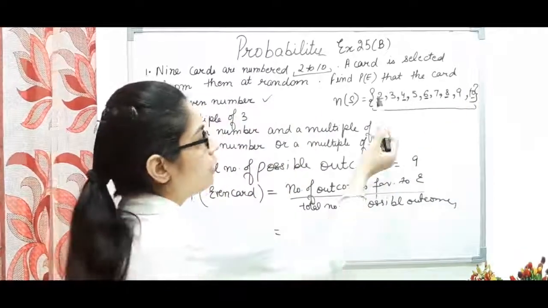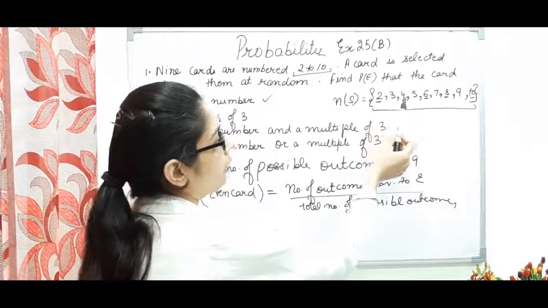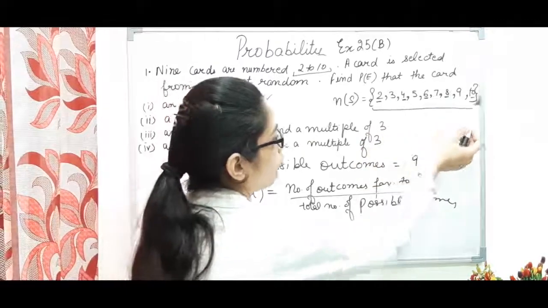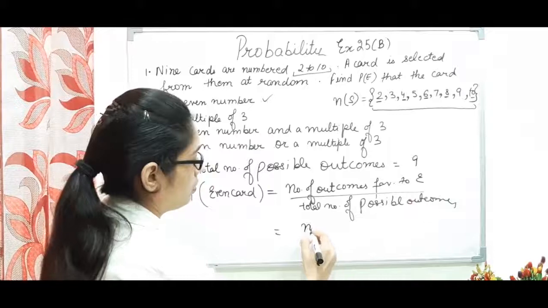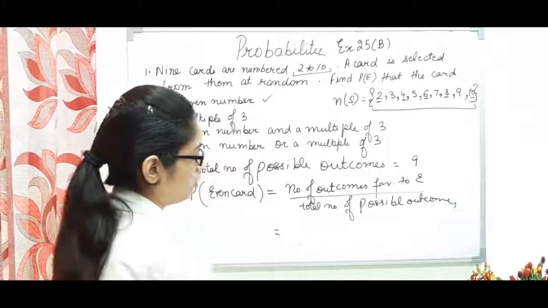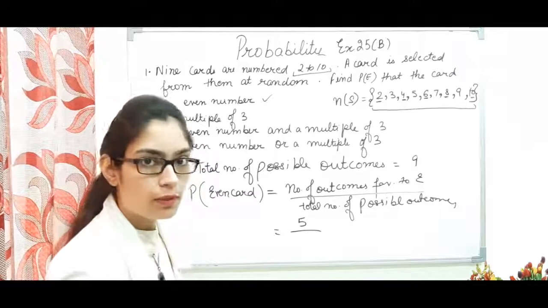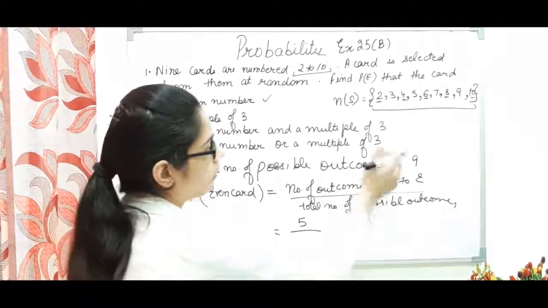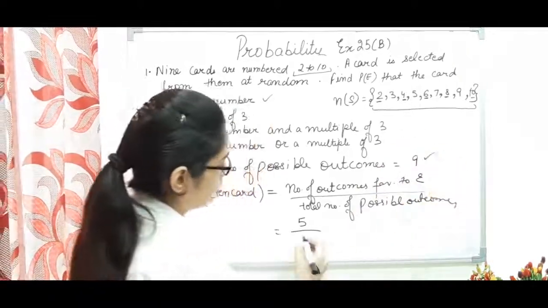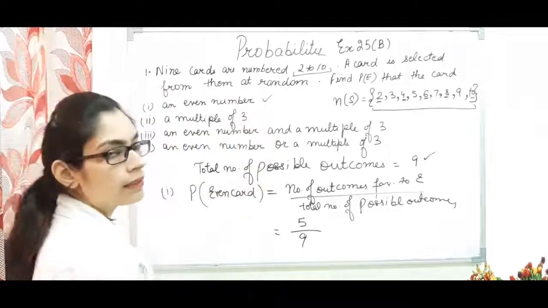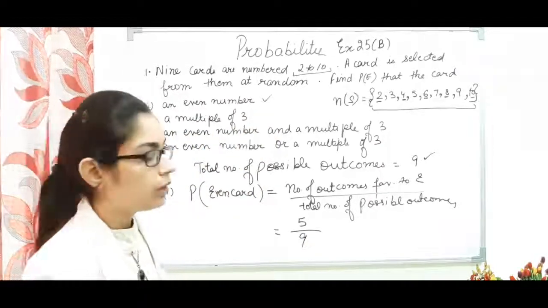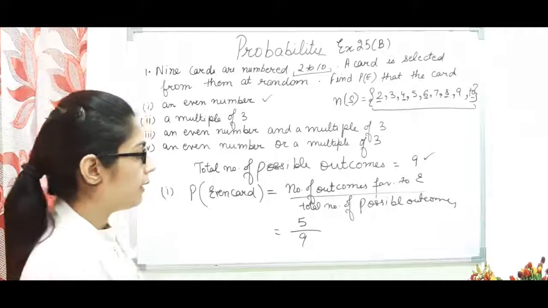So I can see even numbers are 1, 2, 3, 4, 5. So here it will come 5 and total number of possible outcomes were, I have already written, it's 9. So the probability that the card will be an even number will be 5 by 9.